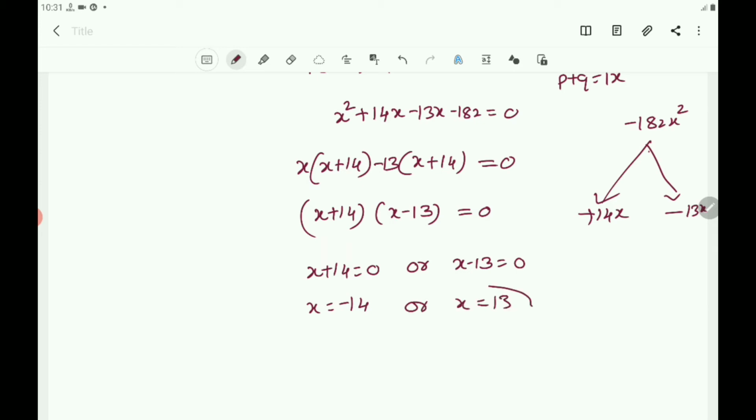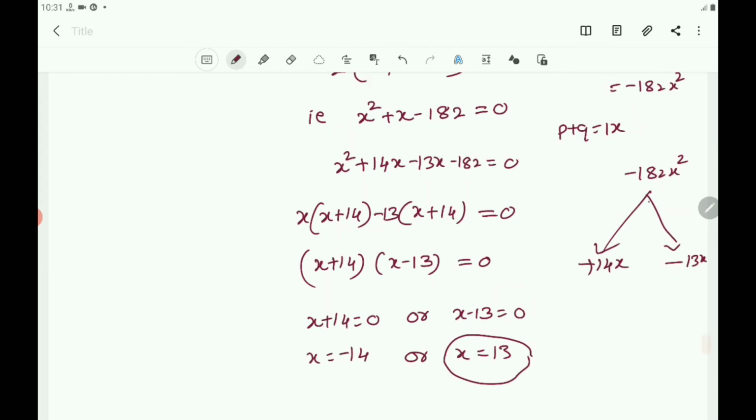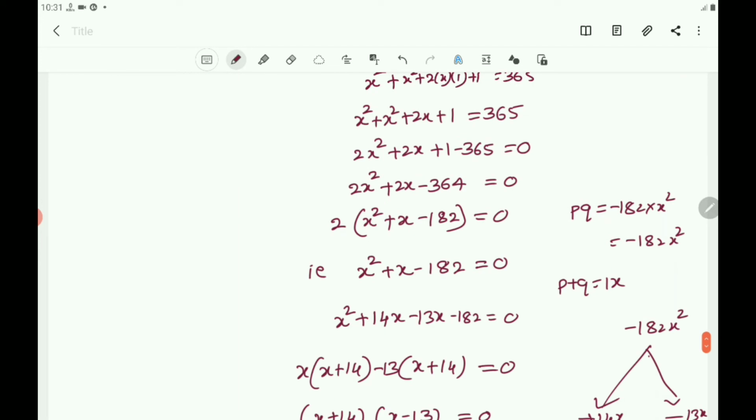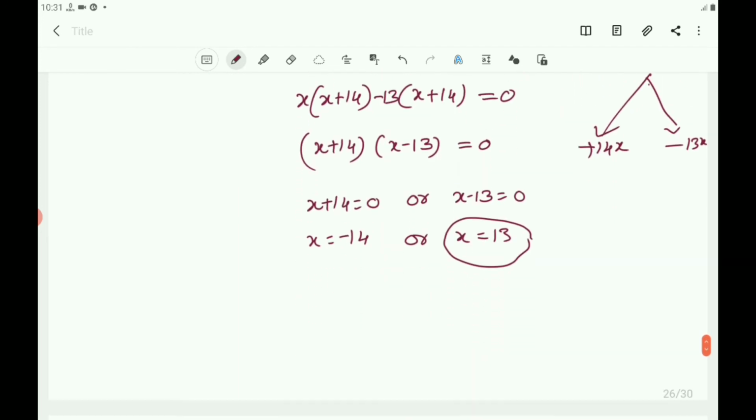Here we have to consider 13, because in the question it is said that they are positive integers. So you take x equals 13 and the next one is x plus 1 equals 13 plus 1, that is 14.